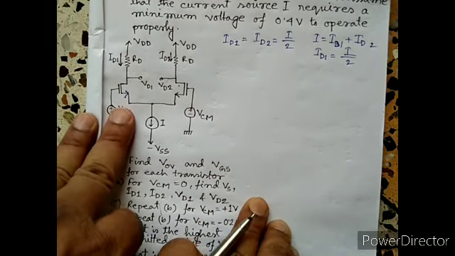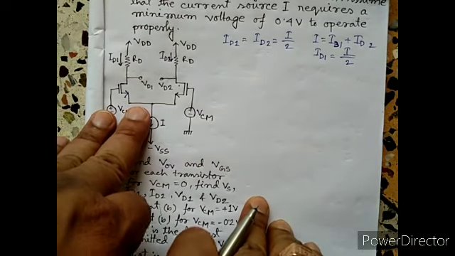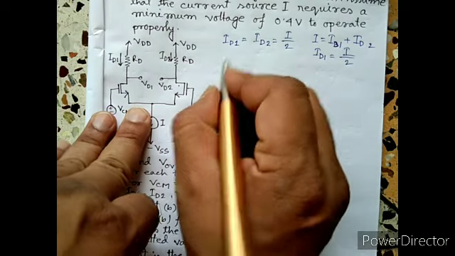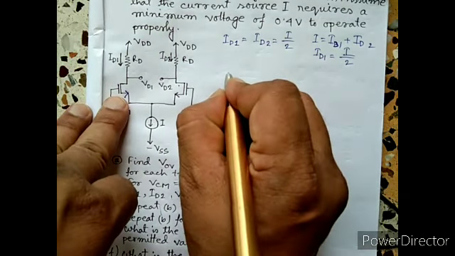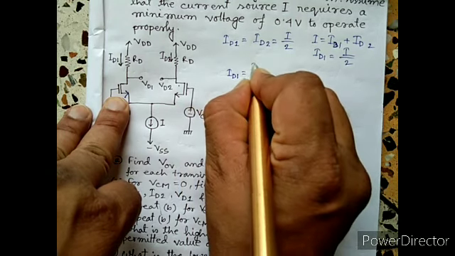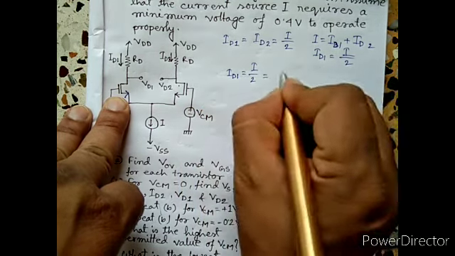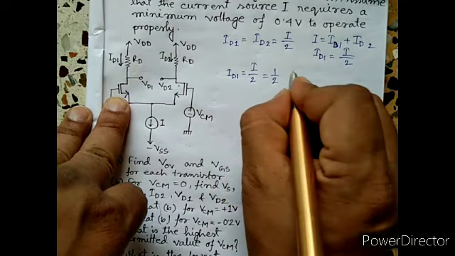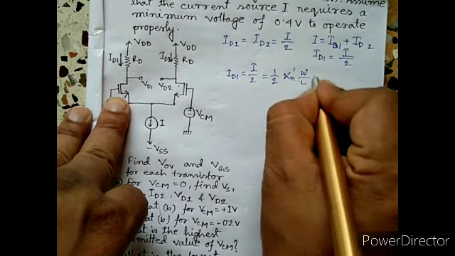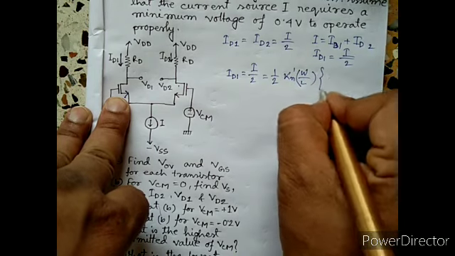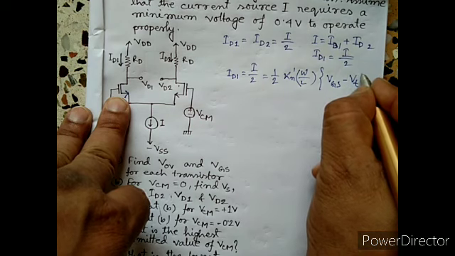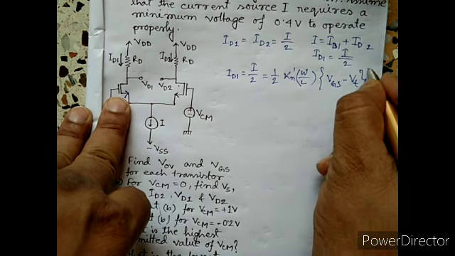These transistors are operating in the saturation region, so we can write the current equation ID1 equals I by 2 equals half into Kn dash W by L into (VGS minus VT) whole square.